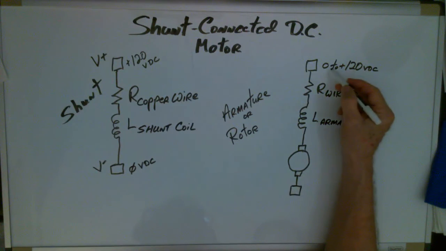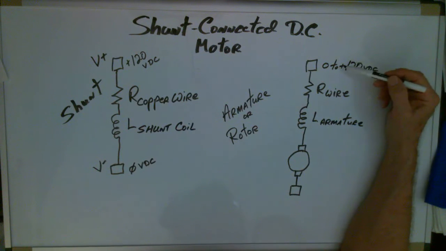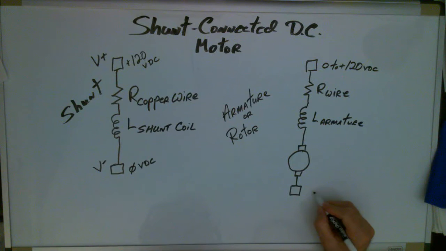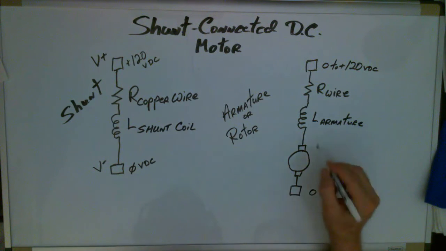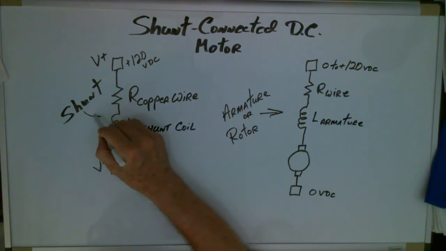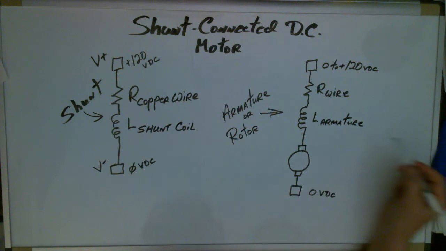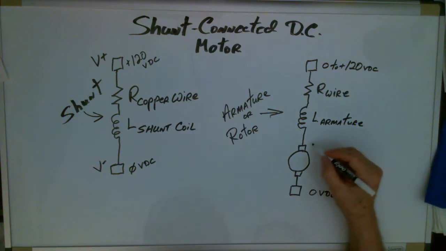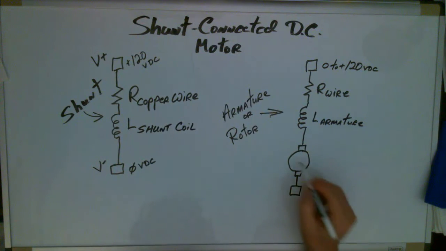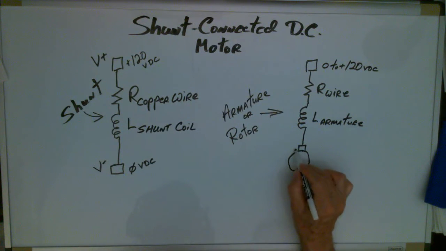Since this voltage at the top is moving from 0 volts to 120 volts, we'll make this one 0 volts DC. All right, let's see how we're looking here.